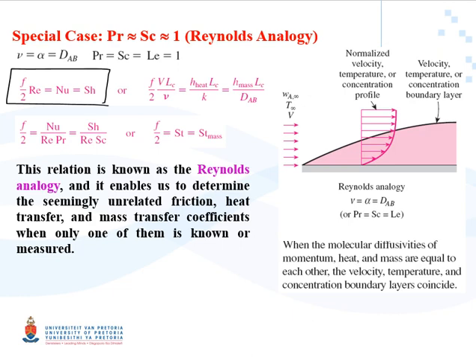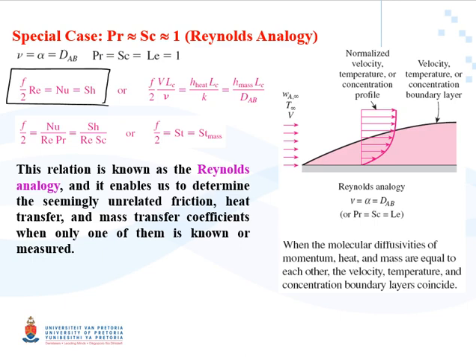These relations, as I told you previously, are called the Reynolds analogy, and it will help us a lot to determine seemingly unrelated friction factor, heat transfer, and mass transfer coefficient when one of them is known.